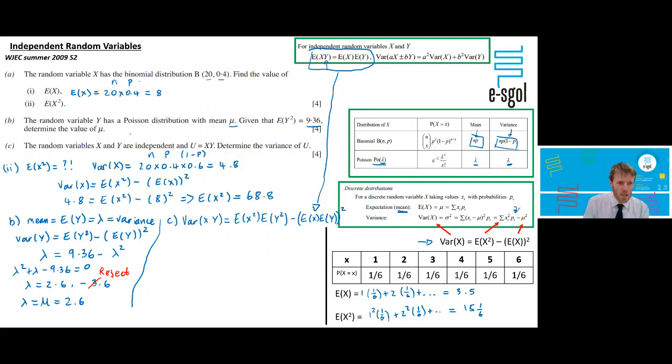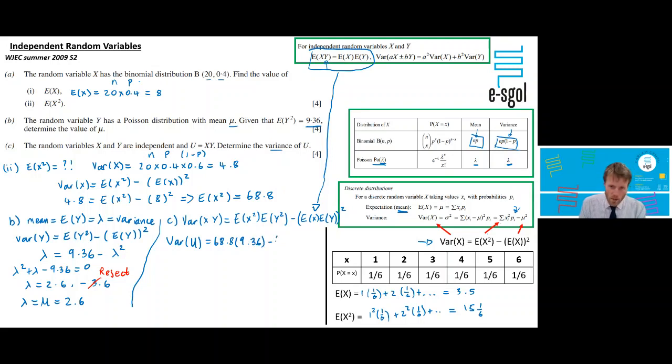Let's continue. So what are we finding? Oh, the variance of u. Because x y is u, that is 68.8 times E of y squared. Now I need to look back through my working and see if I've been given E of y squared. Oh, they gave it to us up here, 9.36.